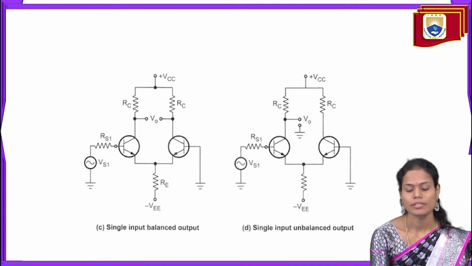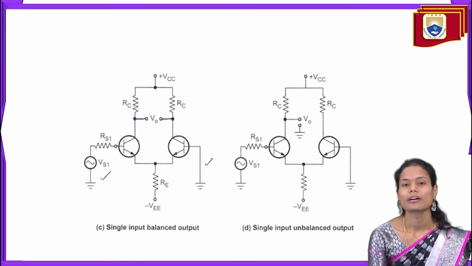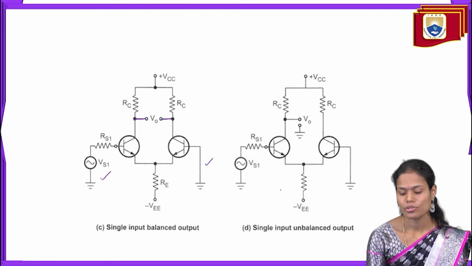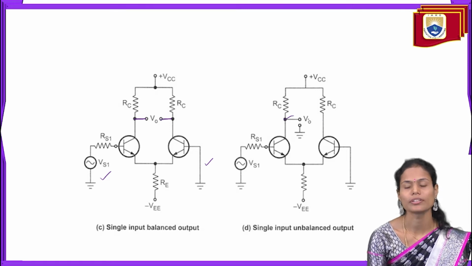And similarly, single input means we apply either VS2 or VS1 for the corresponding transistors, and the output across the common collectors of both the transistors. And next, here also single input, either we can apply for the first transistor or second transistor, but the output we have to measure across the collector of any one of the transistors.